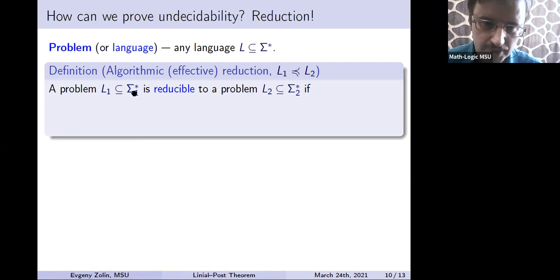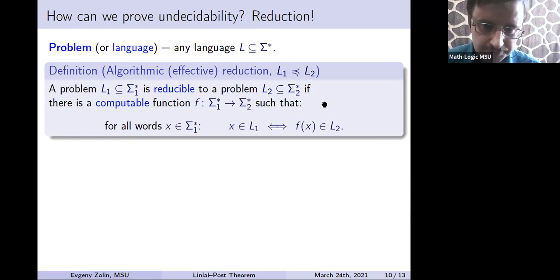If there is a computable function from words in sigma 1 to words in sigma 2, so it transforms words in this language into words in this alphabet, such that for any word in the first language, it belongs to the problem L1 if and only if its image belongs to the problem L2. So if and only if.